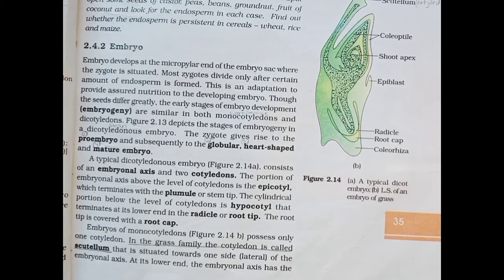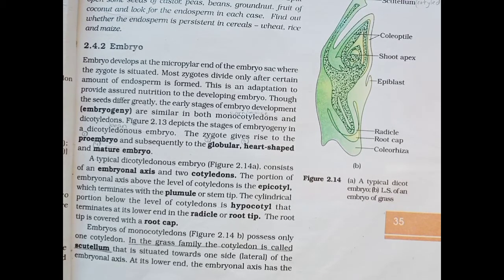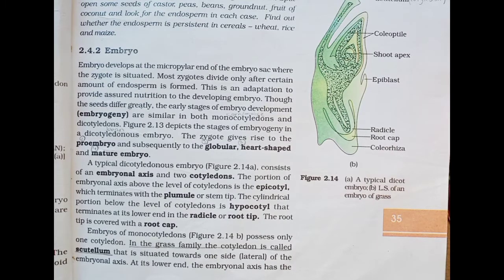And figure 2.13 depicts the stages of embryogeny in a dicotyledonous embryo. The zygote gives rise to the proembryo and subsequently to the globular, heart-shaped and mature embryo.